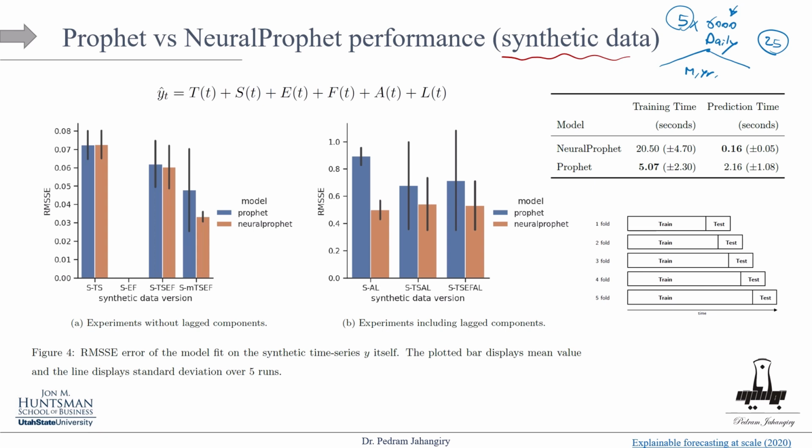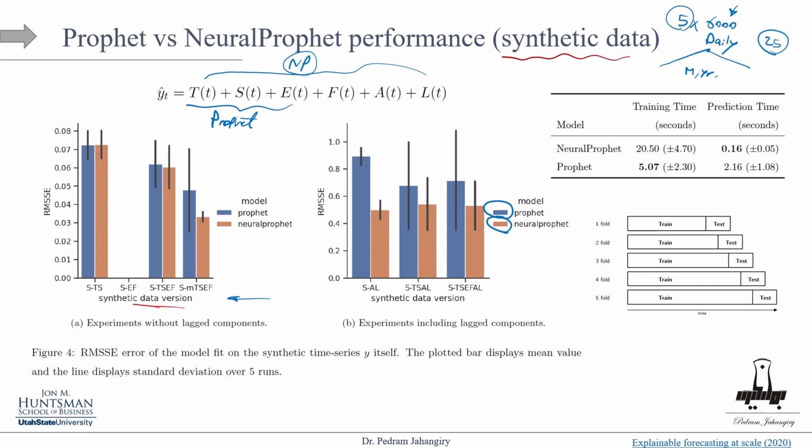And then they're going to compare the performance of the Facebook Prophet, the blue one, versus NeuralProphet, the brown one. And this is just a reminder: let's say this is our Facebook Prophet, so Prophet with small little differences, and this is our NeuralProphet. I use NP for that. And on the left, what you see is basically the experiments without lag components, right?